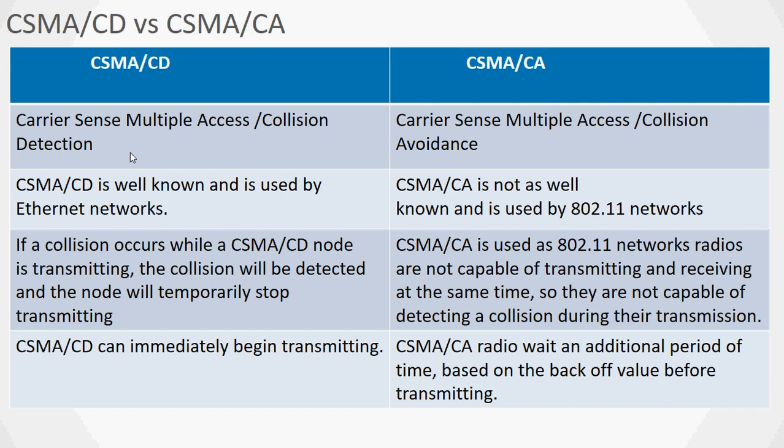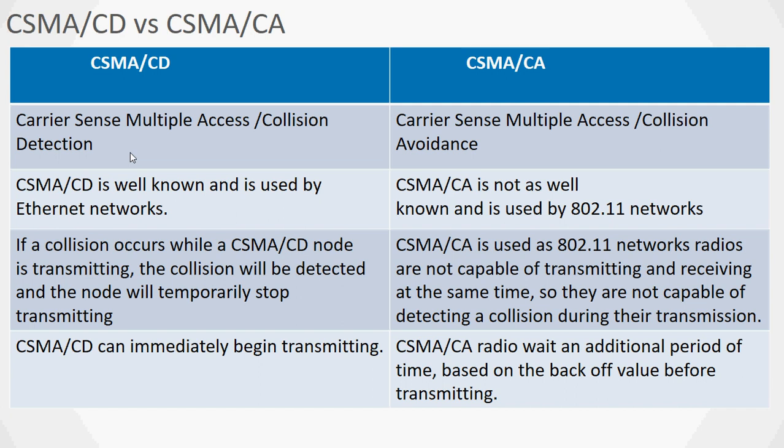If a collision occurs while a CSMA/CD node is transmitting, the collision will be detected and the node will temporarily stop transmitting. CSMA/CA is used because 802.11 radios are not capable of transmitting and receiving at the same time, so they are not capable of detecting a collision during transmission, or whether a collision happened or not. CSMA/CD can immediately begin transmitting.